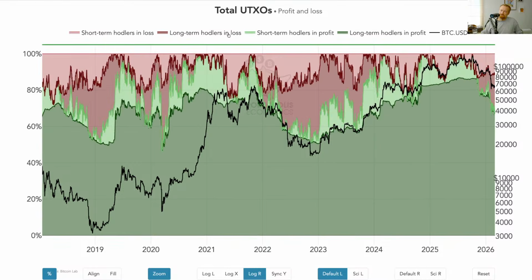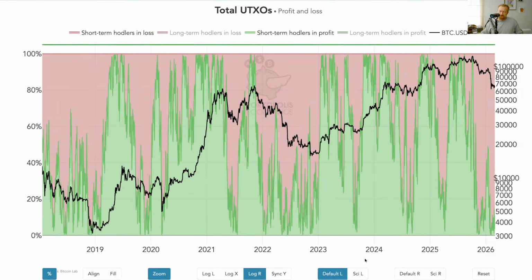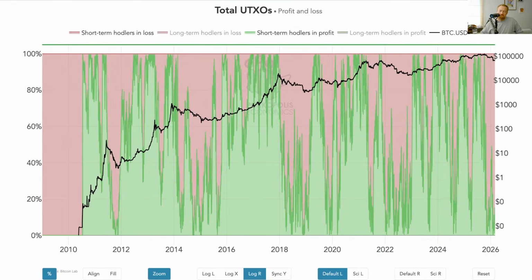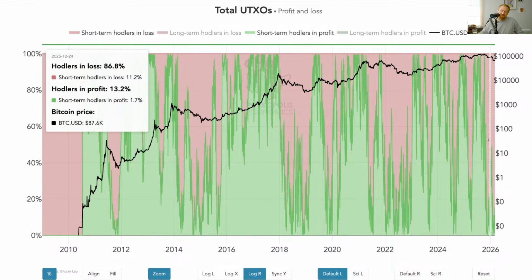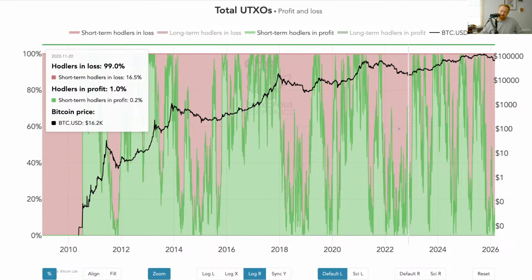You can also look at the difference of short term. So here, it's obviously a lot noisier chart. These are hodlers that have moved UTXOs within a half a year, basically. But this amount of red on the short term clearly matches this, clearly matches this, clearly matches this.